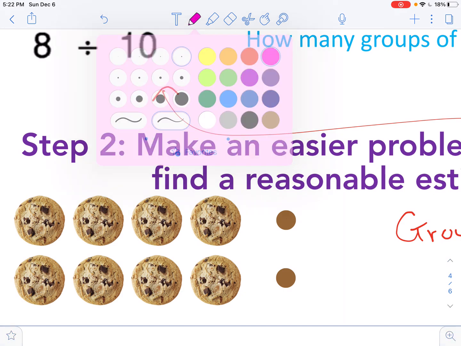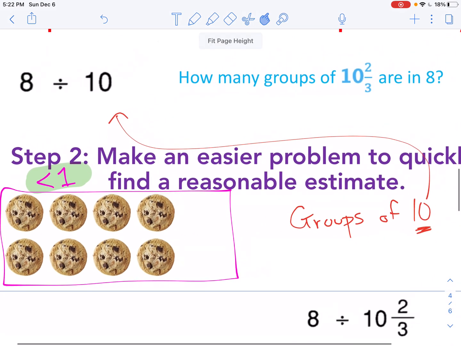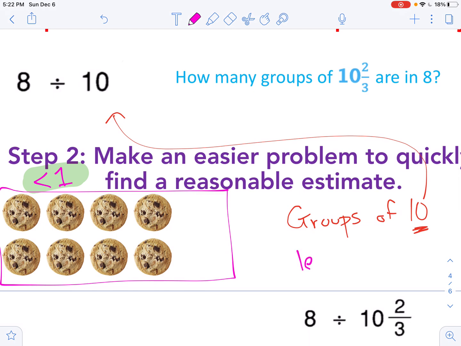Then I would have 1 group of 10. But because those cookies aren't there, my answer is going to be less than 1 group. I'll highlight that. Less than 1 group, right? Last time we said our answer should be between 2 and 3. This time it should be less than 1.